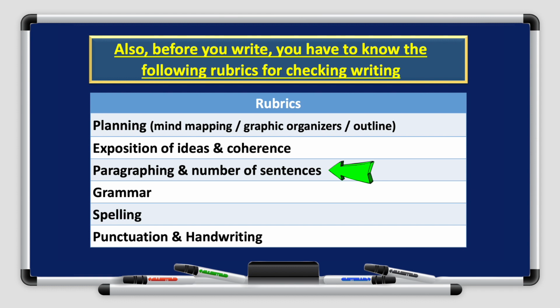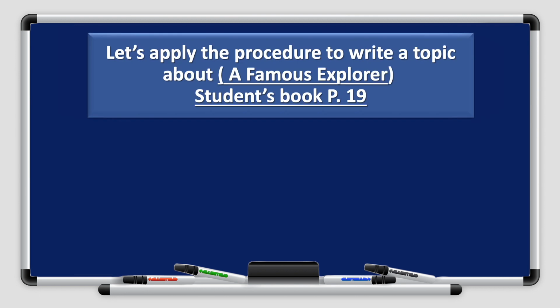If it tells you to write 12 sentences, do not write less than 12 sentences. You will be graded on grammar, any grammatical errors, on spelling, so make sure you refer back to a dictionary to check your spelling, and you'll be graded on your punctuation and handwriting. So also make sure to write in a neat and clear handwriting.